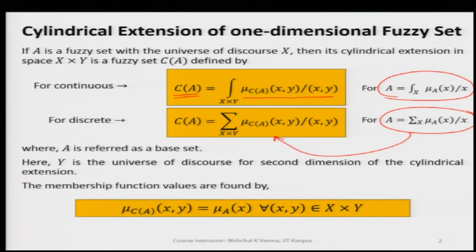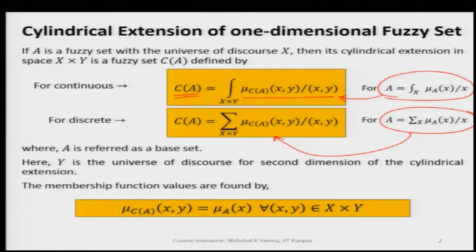This is very simple, and we can clearly understand how the dimension extension happens. By the name itself it is very clear that one more dimension is added every time we use the cylindrical extension over any fuzzy set.